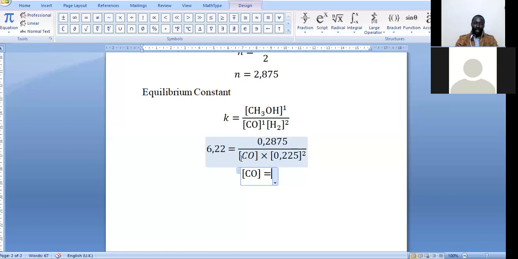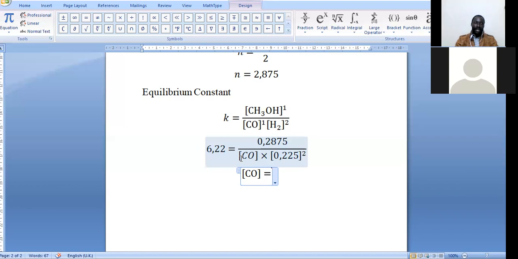What I said is you will have 0.2875, which you will divide by 6.22.